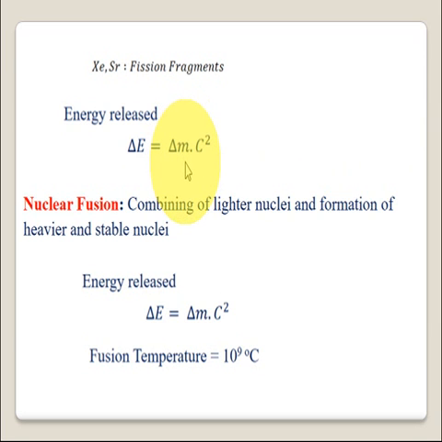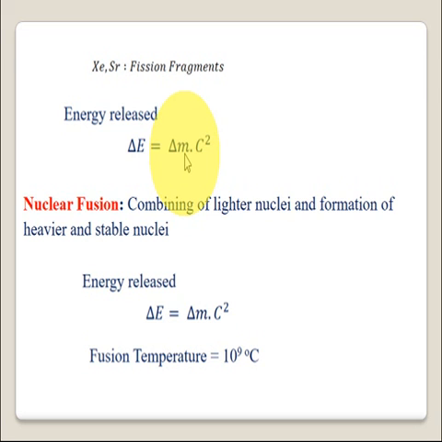So what is mass defect? Mass defect is the difference between the sum of the masses of the components of an atom, neutron, proton, electron, and the actual mass of the atom.